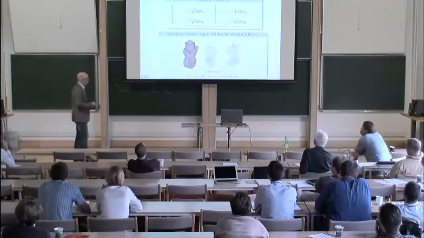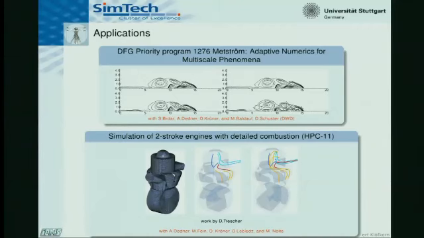The project I've been involved in for the last 3 years is mainly part of the DFG priority program Metstrom, and there the sub-project is adaptive numerics for multiscale phenomena. This is a cooperation with Slavko Brdar, Andreas Dedner and Dietmar Kröner from Freiburg. Andreas is now in Warwick. And Michael Baldauf and Dieter Schuster from the German Weather Service.